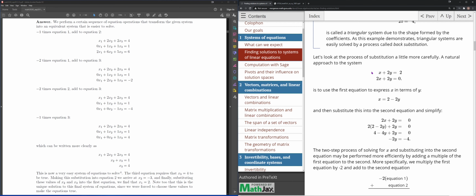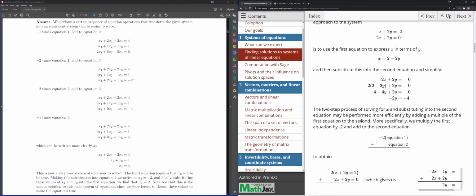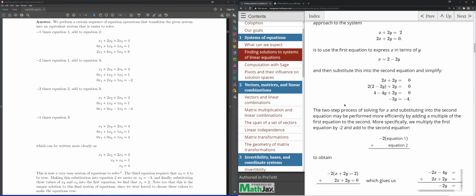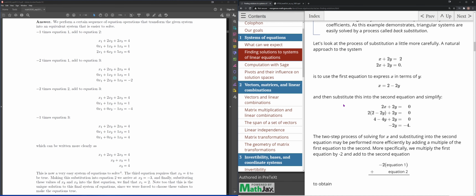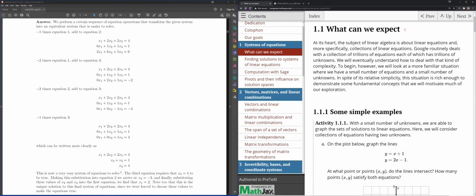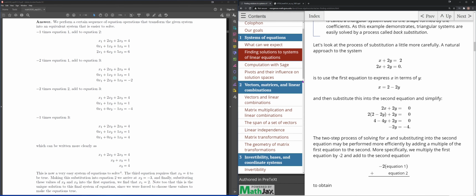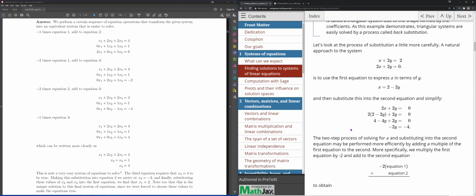Now what we want to do is do it in a different way. This is the textbook which I have posted on the website.